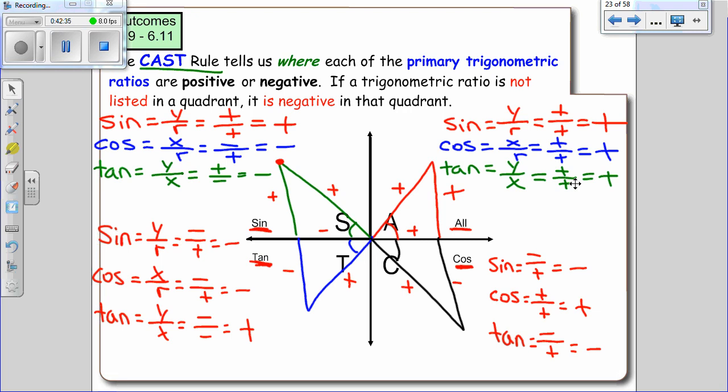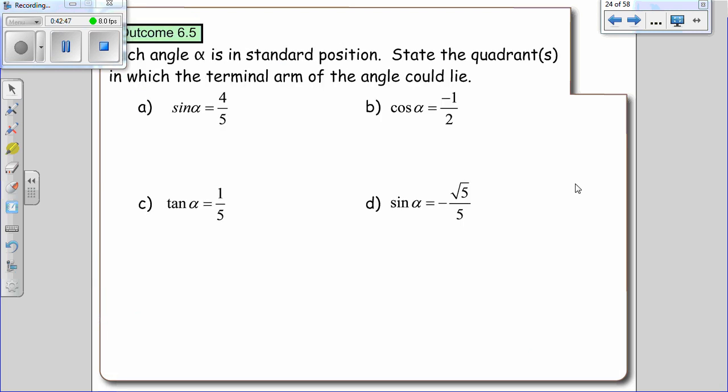Here's 4 examples. The angles in standard position state the quadrants in which the terminal arm of the angle could lie. Could lie. Sine equals 4 over 5. We know that sine is equal to y over r, right?